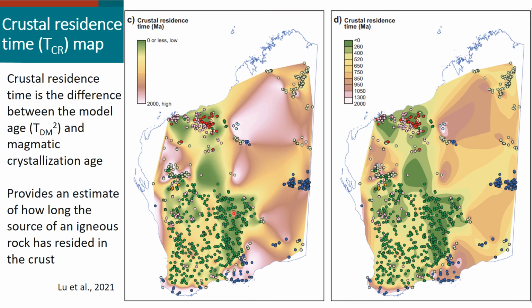These maps highlight predominantly short residence times for the Pilbara and the Yilgarn cratons, and much longer crustal residence times in the Paterson, Capricorn, Albany-Fraser, and Pinjarra orogens, which suggest decreased juvenile crust generation in these Proterozoic orogens.